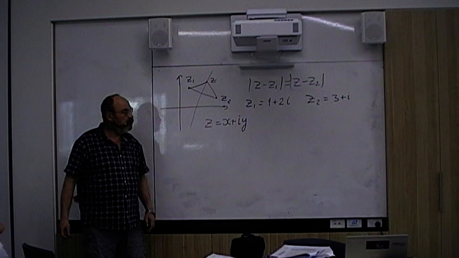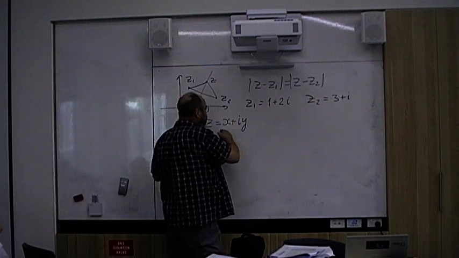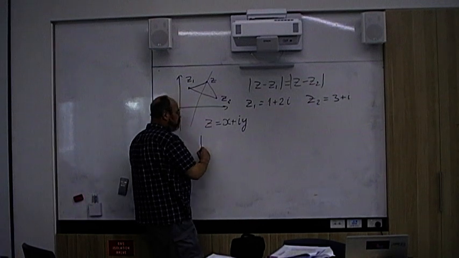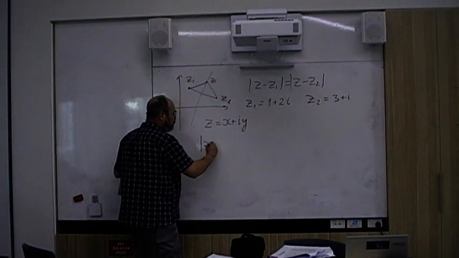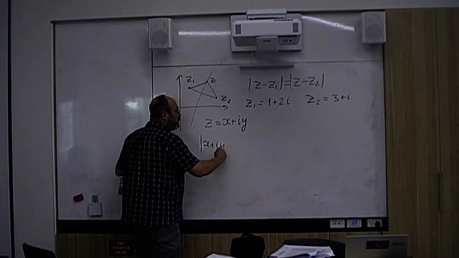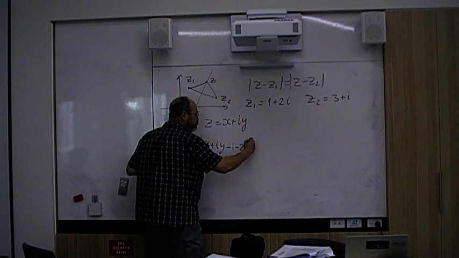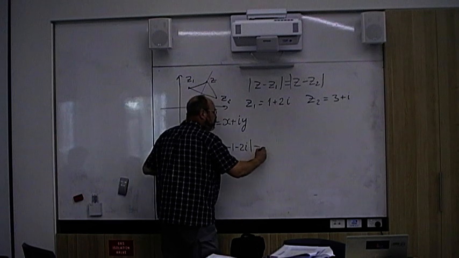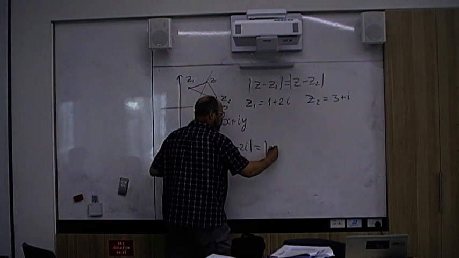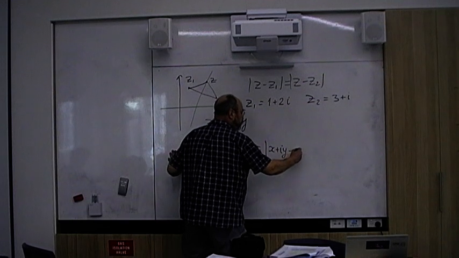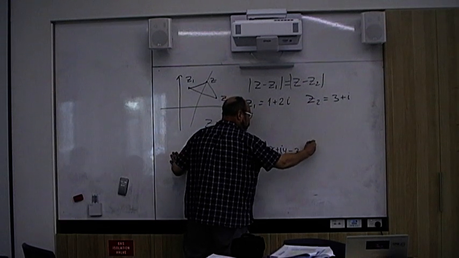Make sense? So let's do x plus iy. We will have x plus iy minus 1 minus 2i equal x plus iy minus 3 minus i.